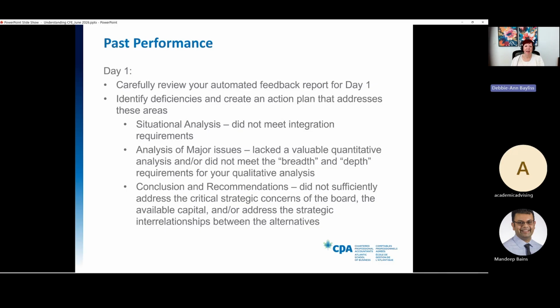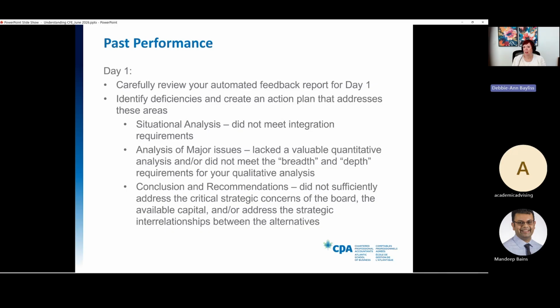For the analysis of the major issues, I highlighted all 3 areas that I commonly see. Did you lack a valuable quantitative analysis, meaning you either didn't use the appropriate quantitative tool or there were a lot of errors within your calculations?